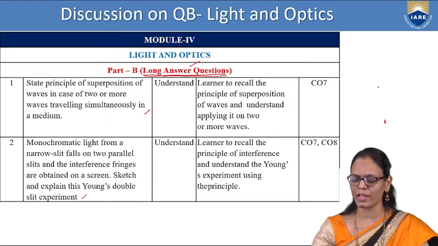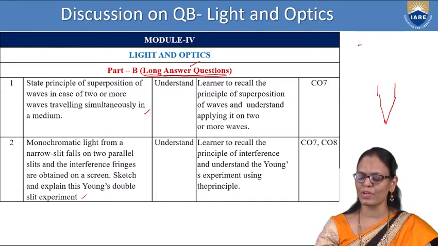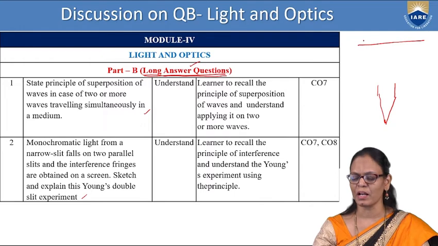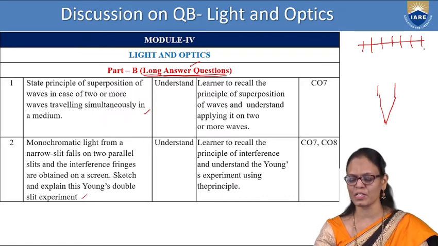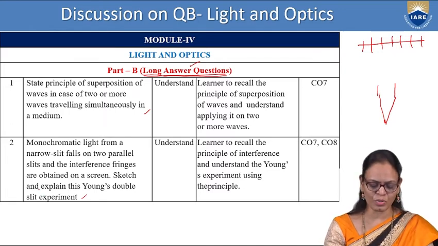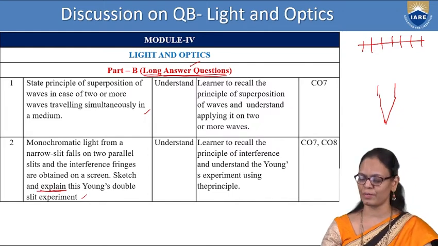The light from the source falls on the two slits, which are placed equidistant, and the waves coming from these two will superimpose on each other, and you will have a series of bright and dark bands. You will have to explain the experimental arrangement, what components we have, what the function of each is, and how we get the phenomena. You will have to explain the phenomena entirely.